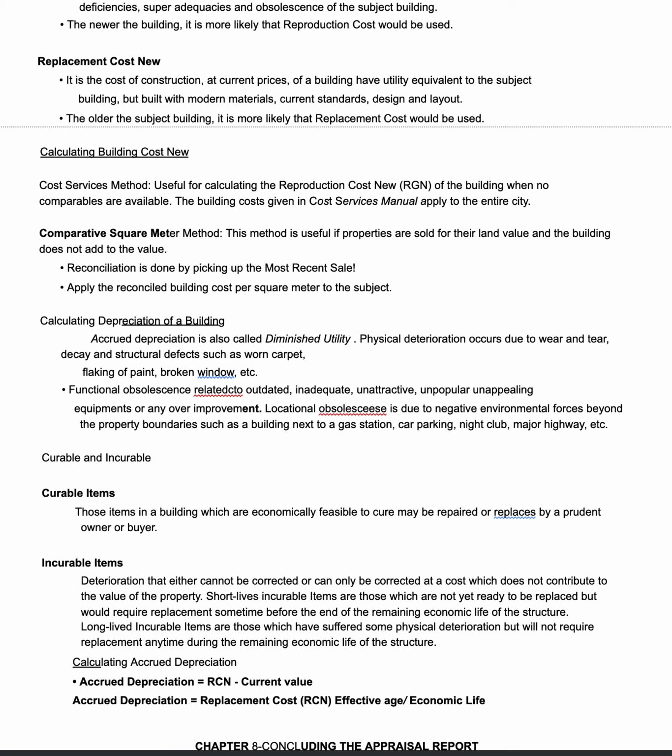Accrued depreciation is sometimes referred to as diminished utility. The loss of value or diminished utility of the improvement to real property can be caused by the following three kinds of depreciation: physical deterioration, functional obsolescence, and locational obsolescence.